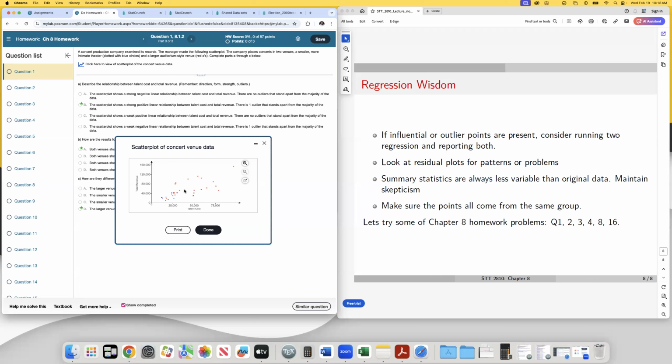What is the strength? Moderate. Okay. What is the form? So we can see a line. Do you see outliers? No. Okay, I see one here.